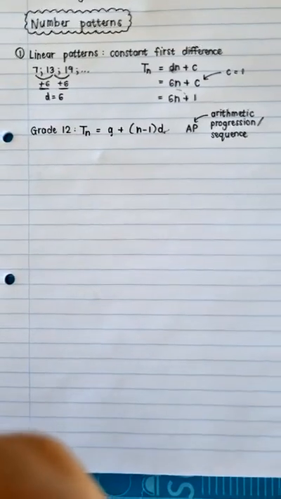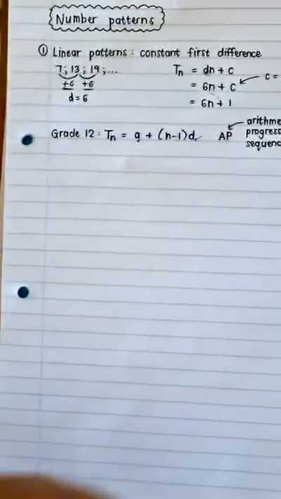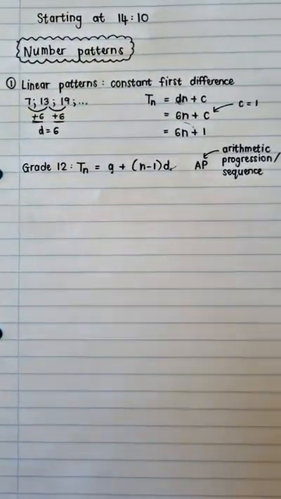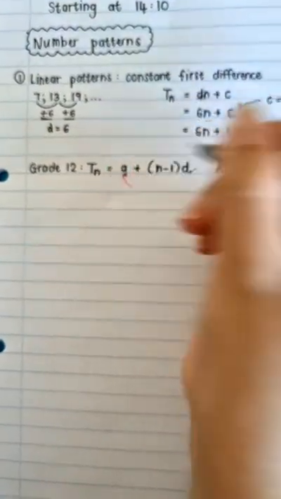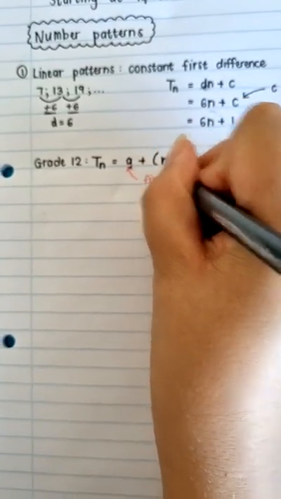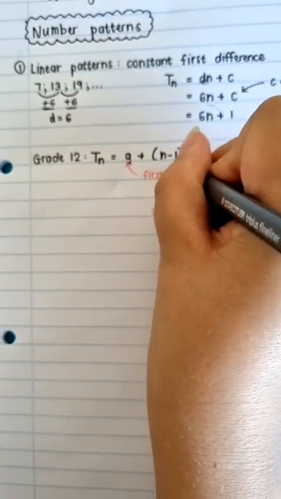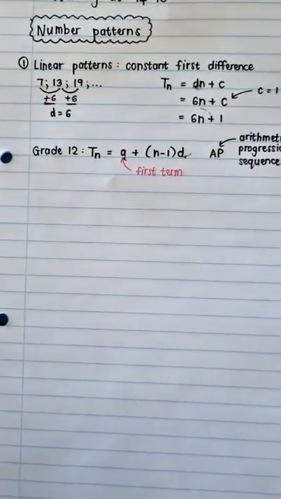For this formula, I'm going to write down what each of these variables actually represent. Let me just grab a different pen. Sorry, it's a bit awkward because I have to hold my phone in my hand now. All right, so A in this formula is actually the first term. A is always your first term.